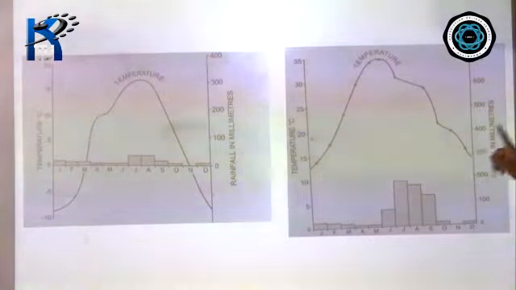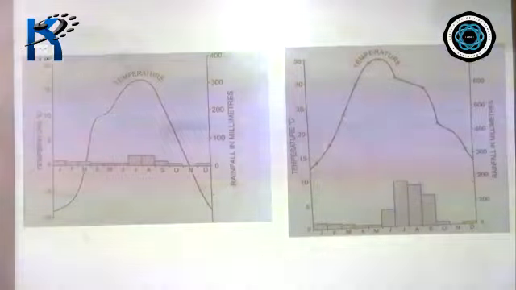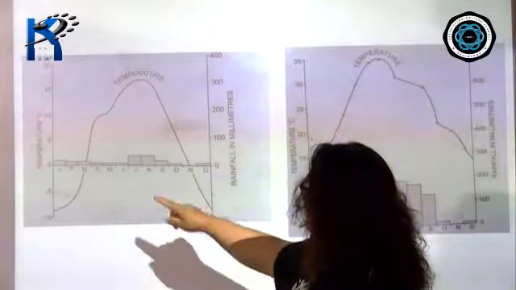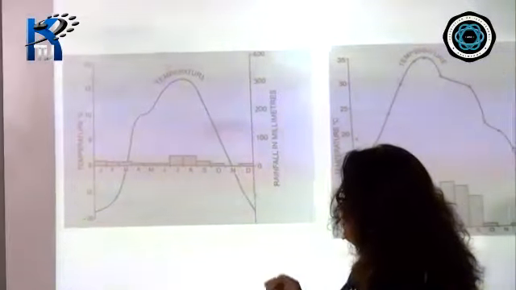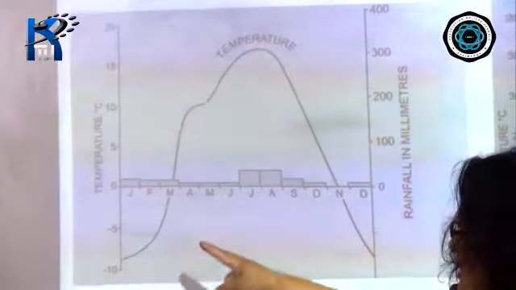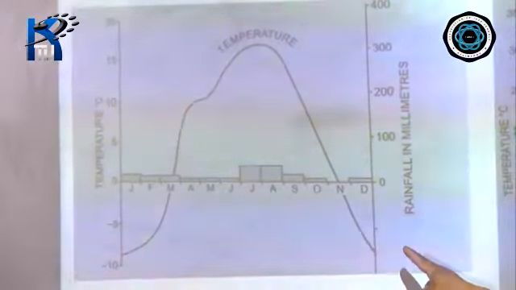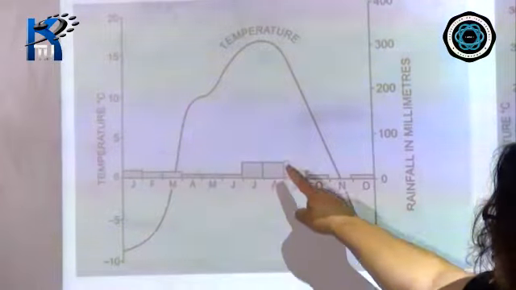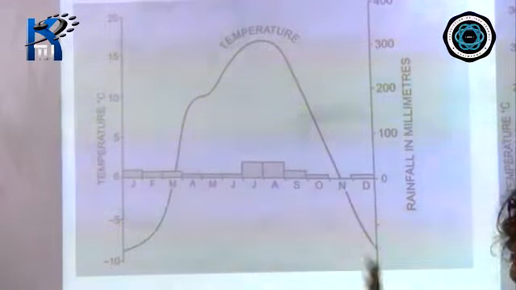The graphs will be given like this. And the moment you see this graph, you don't have to panic. The question that they will ask you is very simple. First, they might tell you to identify the station. For example, if you look at the first graph out here, you have to identify this area. Now just remember, in this graph, the temperature line, the black single line, shows the temperature, and these boxes, the bars out here, show the rainfall.